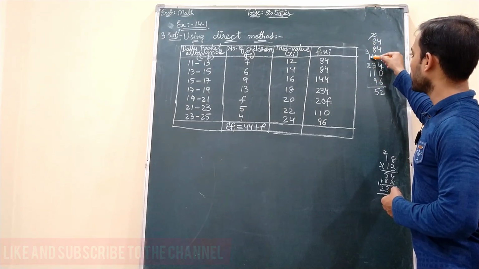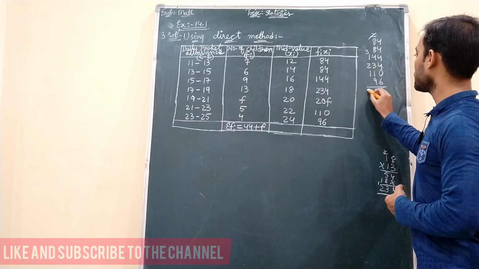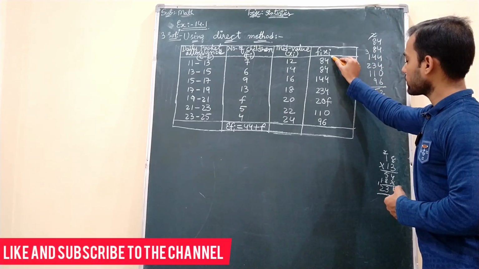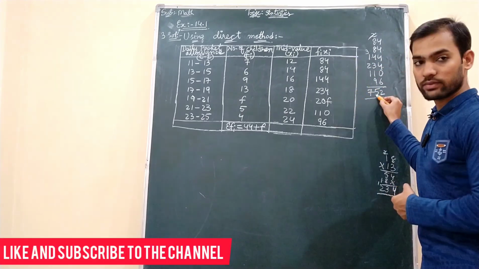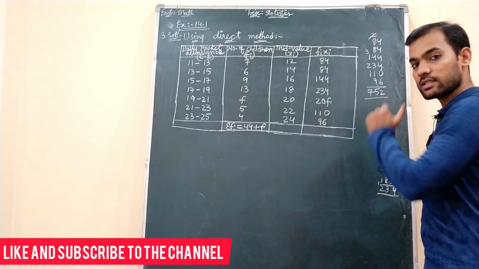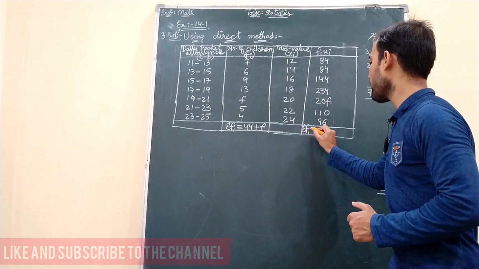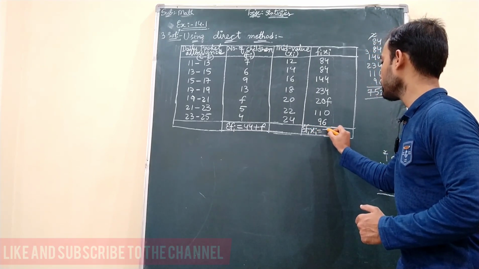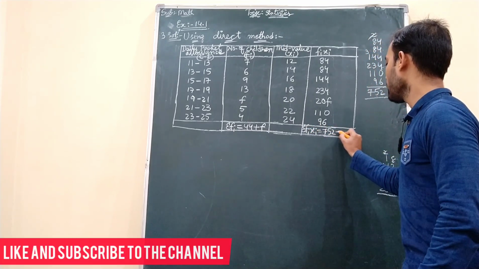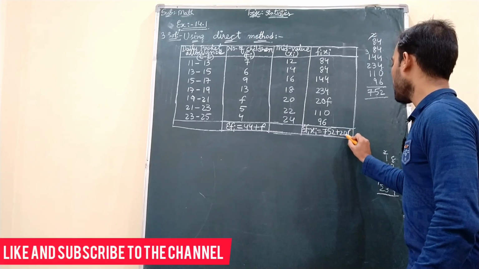Then 3 plus 1 is 4, plus 2 is 6, plus 1 is 7. So the addition of all these numbers is 752, and this 20f needs to be written separately beside it. This total we will take as sigma fi xi equal to 752 plus 20f.